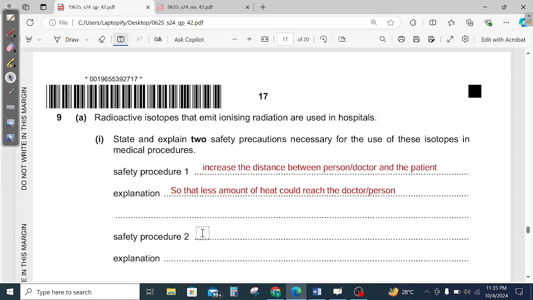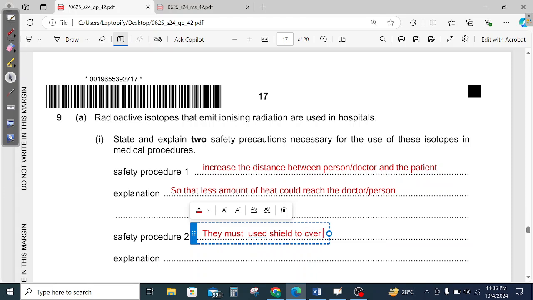Second, what should be the second precaution? Doctor must wear the shield. He or she must be covered with the lead shield, because the ability of lead is that it can absorb all the radiations coming from the radioactive source. So they must use a shield to cover yourself.